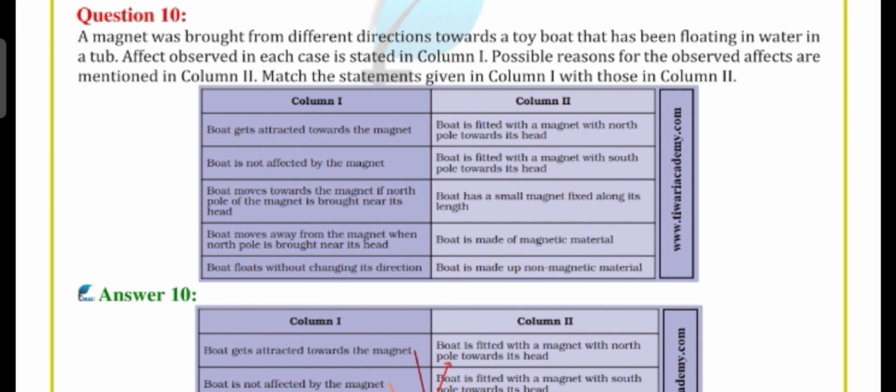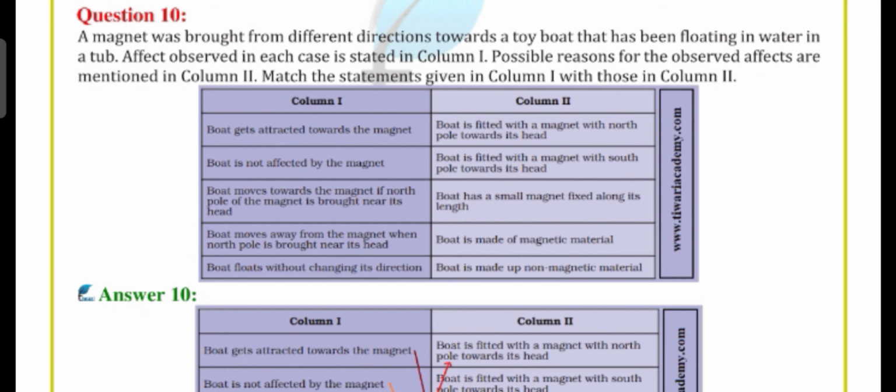Yes, the boat is fitted with a magnet with the north pole towards the head. So in the boat, the head position is placed with the north pole of a magnet. When similar poles come near each other, there will be repulsion. So the boat moves away from the magnet when the north pole is brought near its head.